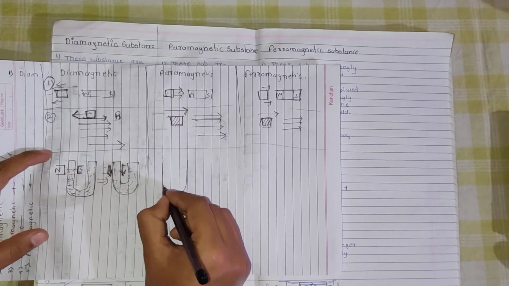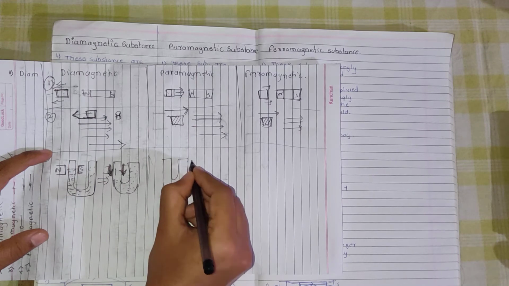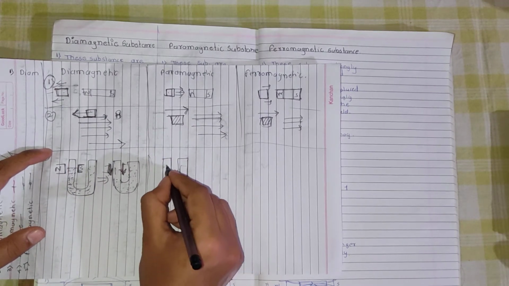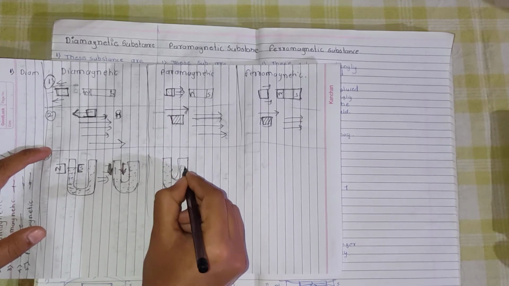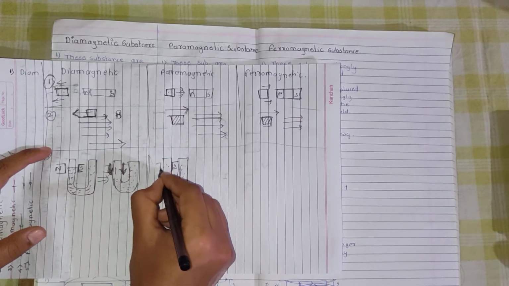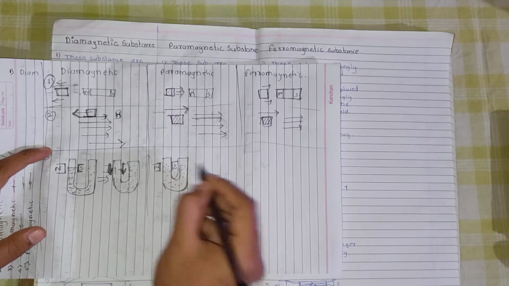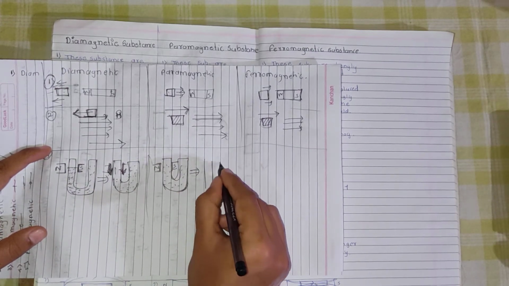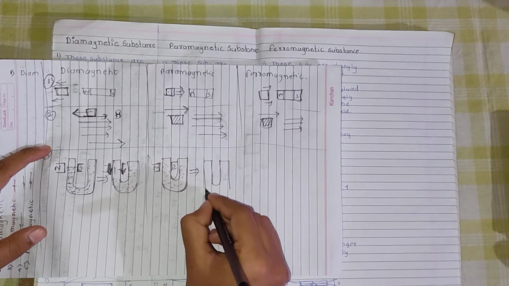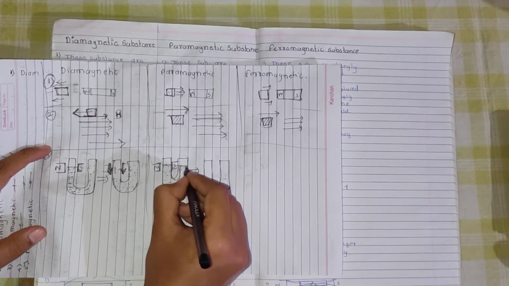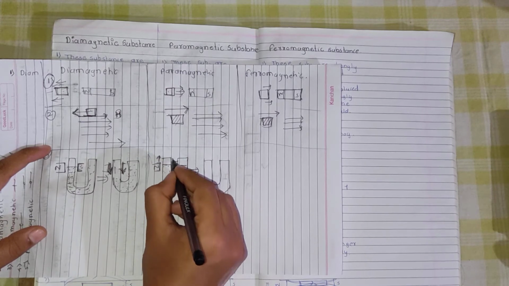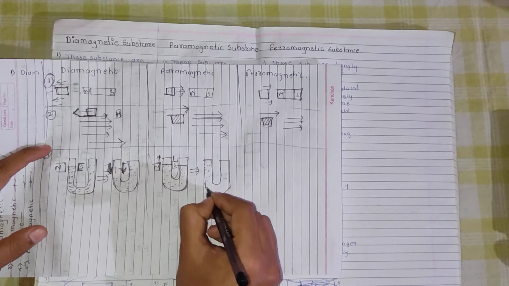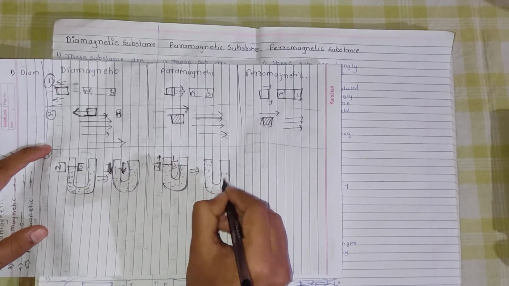In case of paramagnetic, the same process. If we consider this tube and place a paramagnetic material solution like that, and a magnet is placed near one arm, then this level rises up, like that.